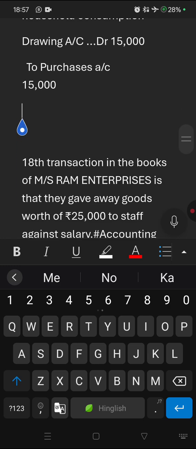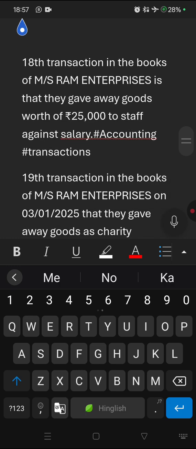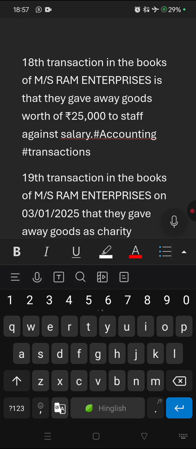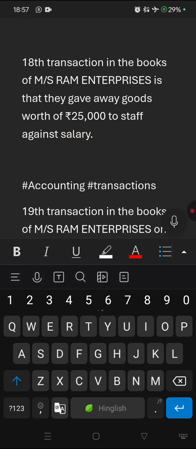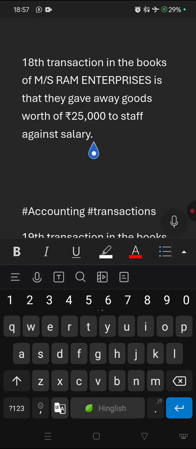Now the next transaction, the 18th transaction in the books of Mrs. Ram Enterprises, is that they gave away goods worth rupees 25,000 to staff against salary. Here the proprietor is not taking away goods for his or her family consumption.